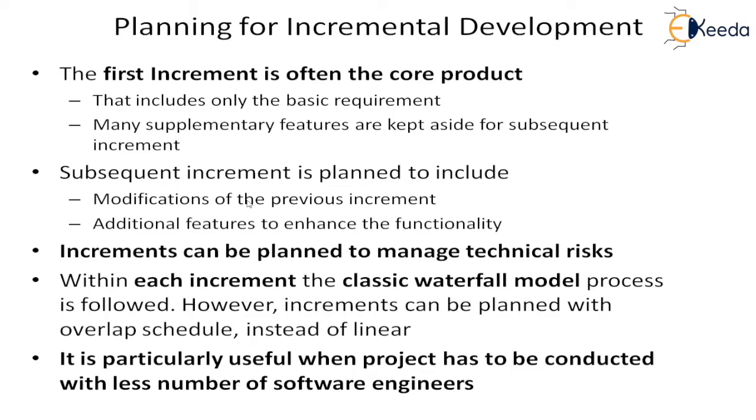That is one type of scope that will go into the subsequent increment. The other is the additional supplementary features which we had kept aside. We select from the set of features kept aside and add them to enhance the functionality. Again, when this is over, we repeat this.